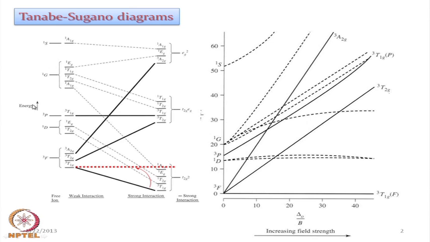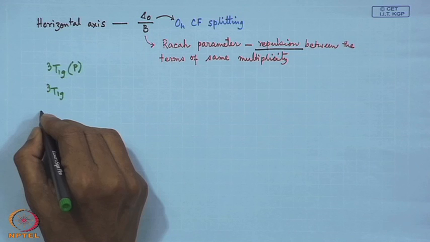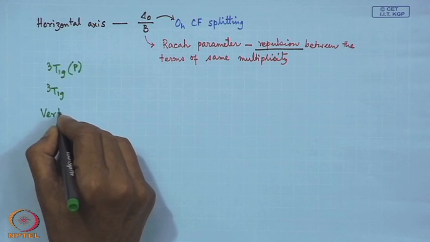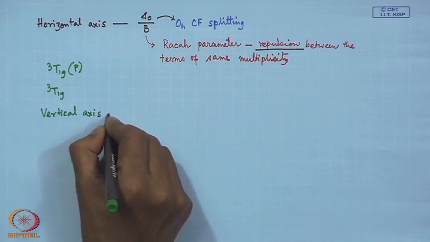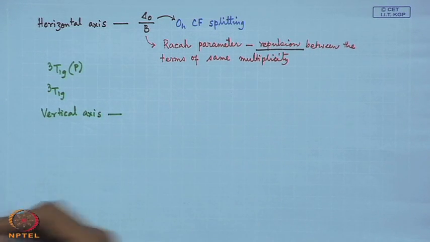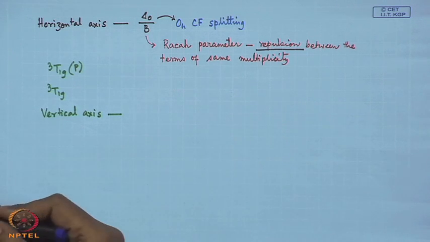In this particular axis, which was originally the energy axis, now in the vertical axis, what will be there in the Tanabe-Sugano diagram is important to know.